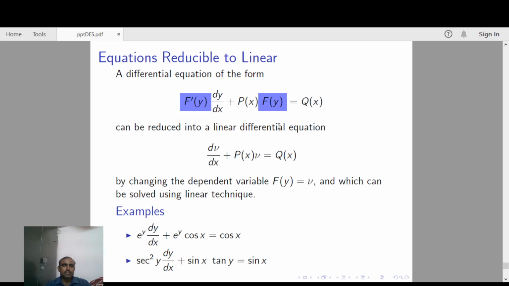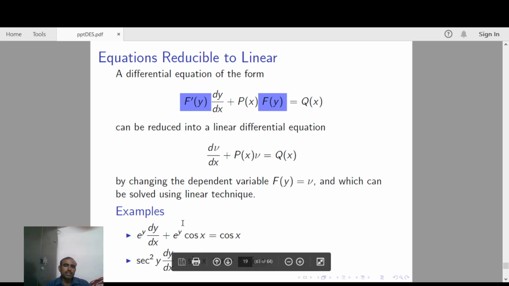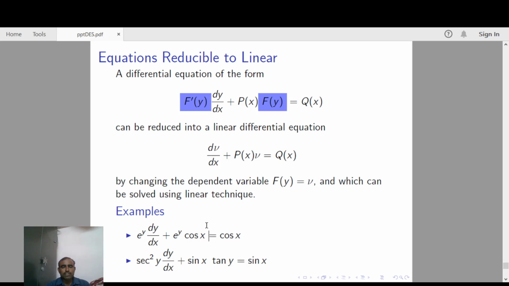So then by using the linear technique, we can find the solution of the given differential equation. See some examples. e^y dy/dx + e^y cos x = cos x. Here, see, the derivative of e^y is e^y. So if you take e^y = v, you can reduce this equation into linear form. The same way, sec^2 y dy/dx + sin x tan y = sin x.